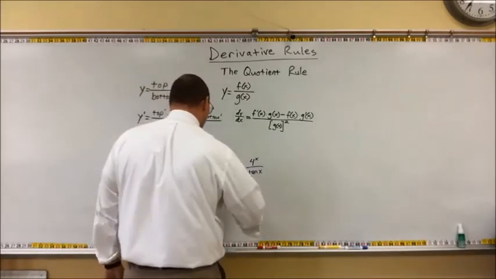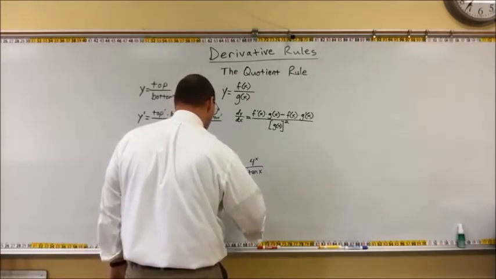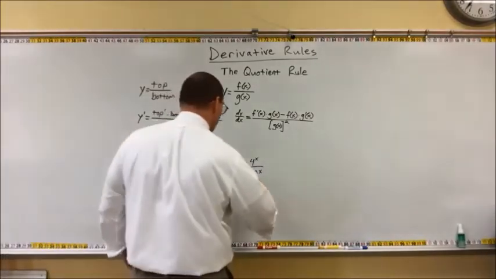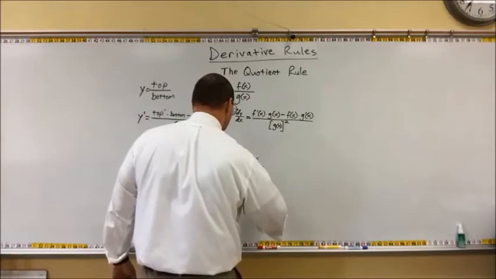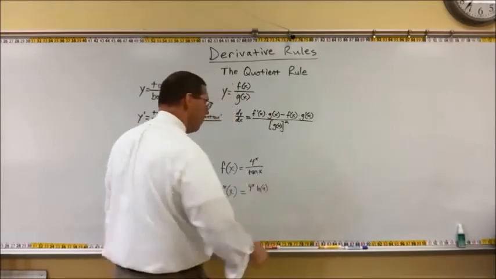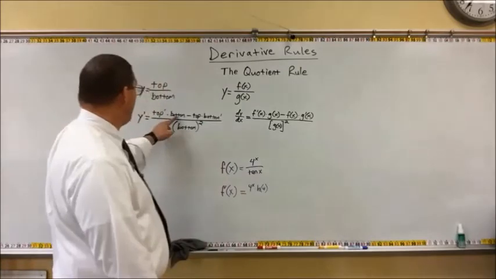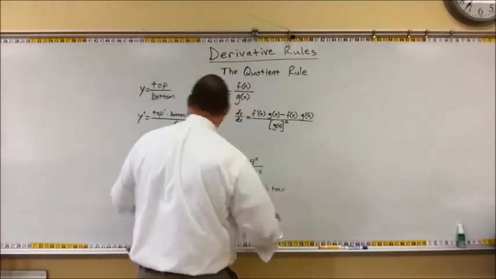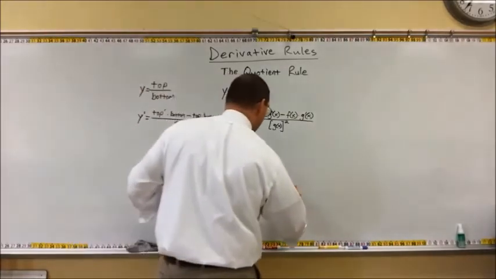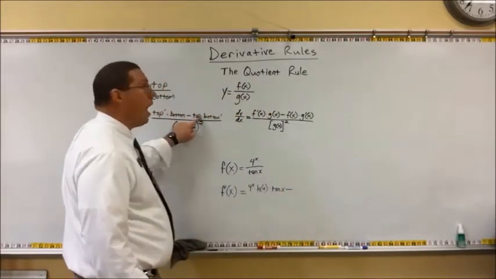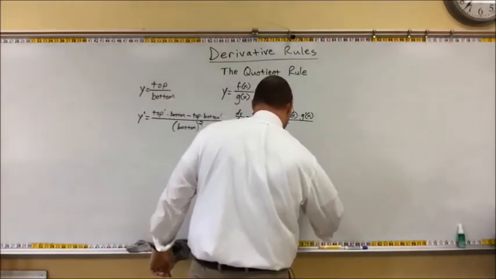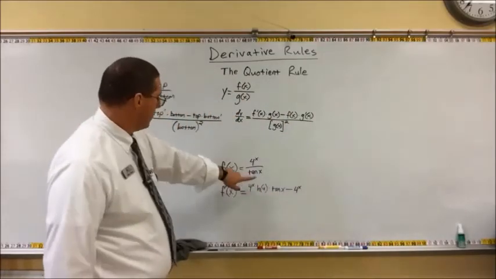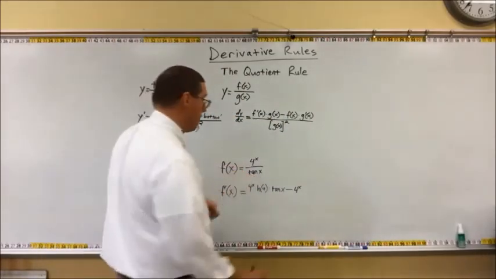Okay, so our derivative, f prime of x, is going to be equal to the derivative of the top, which is 4 to the x power times the natural log of 4, times the bottom, tangent of x, minus the top, 4 to the x power, times the derivative of the bottom, which is secant squared of x.